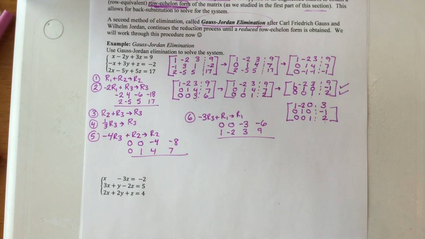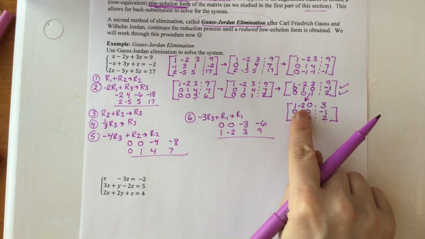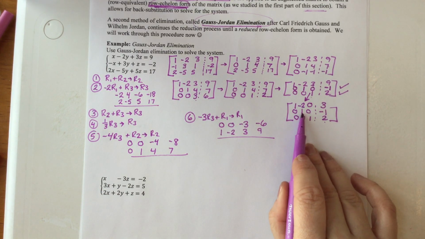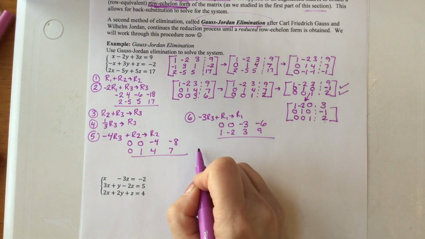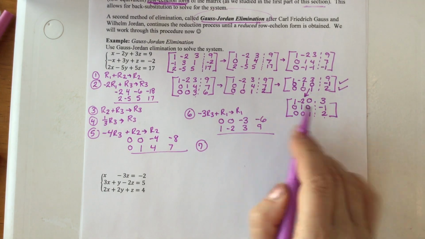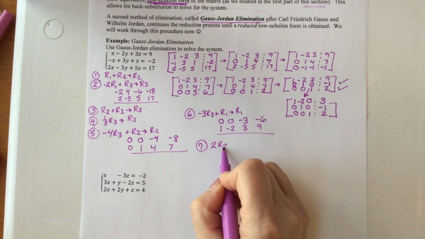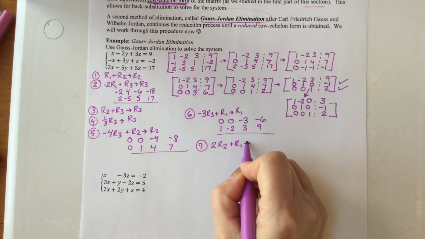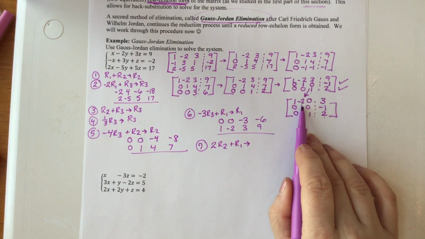I have one number left. I need to cancel this negative 2. So to cancel a y, I use the equation that has one y. So for the final step, take 2 times row 2, because that way it would be a 2. If I add it to row 1, this would become a 0.